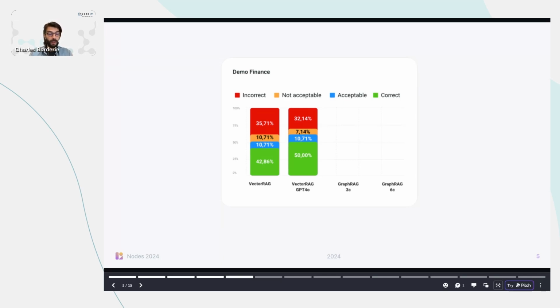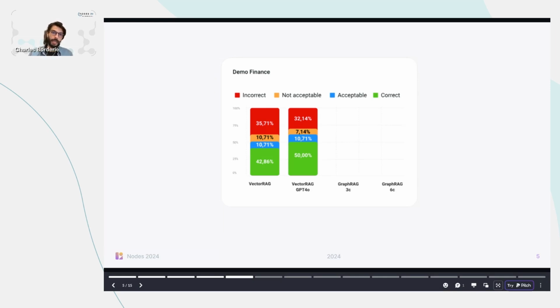And we have found the correct answers, the correct chunks of information, the correct documents these answers are based on. We have then benchmarked using a state-of-the-art vector RAG pipeline called Verba by a company called Weaviate, which is a leader in the vector store space. And we have used their baseline configuration.